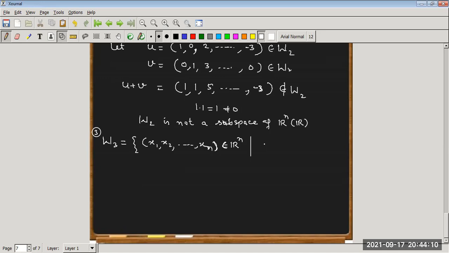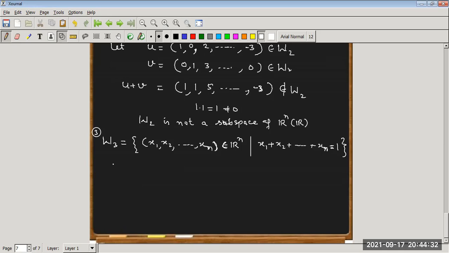What is the condition? That x1 plus x2 plus x3 plus up to xn is equal to 1. The sum must be 1. Right? So only such elements belong to W.